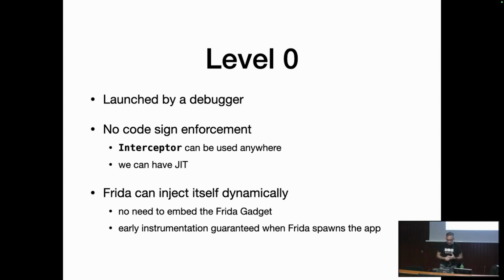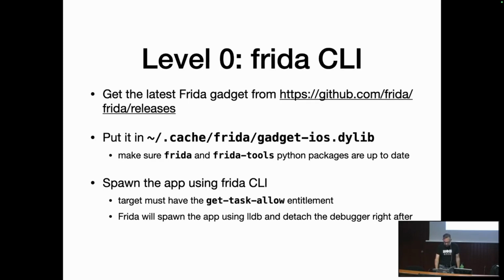And also, Frida, in this scenario, is able to inject itself into the target, so there's no need to embed the Frida gadget ahead of time if you're going to spawn the app with a debugger. And also in this scenario, the instrumentation is quite early, so you can still capture all the early activity of the app and its frameworks with your own instrumentation.